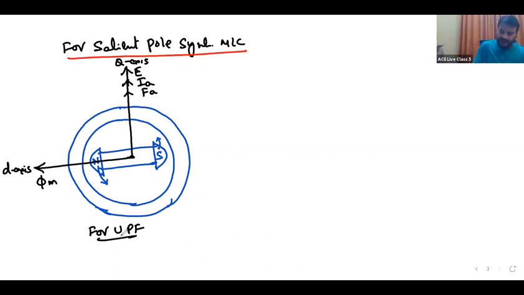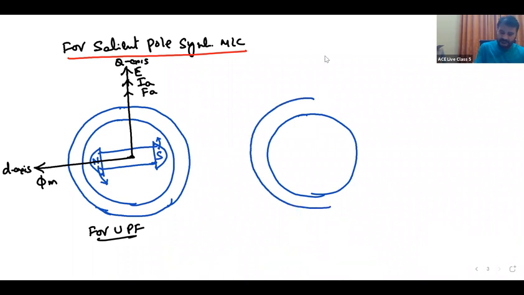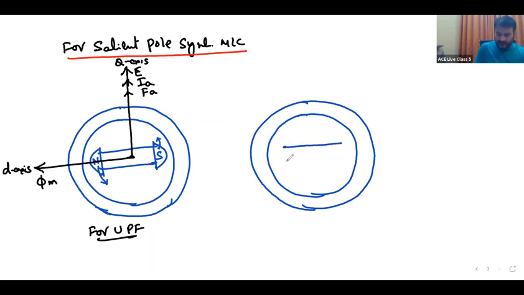Similarly, let us take the 0.8 lagging power factor. North pole, south pole. This is the main field flux, phi m, along the D axis.